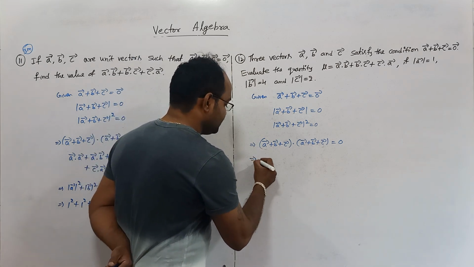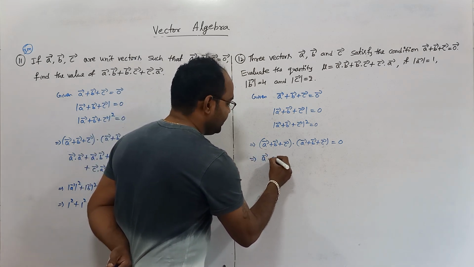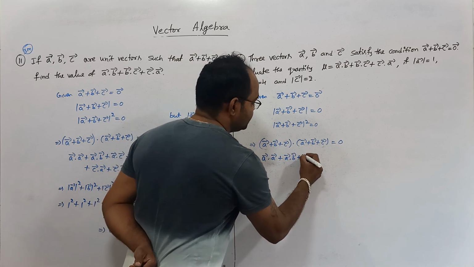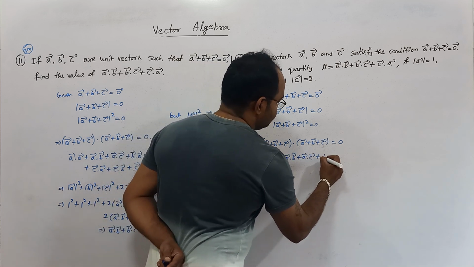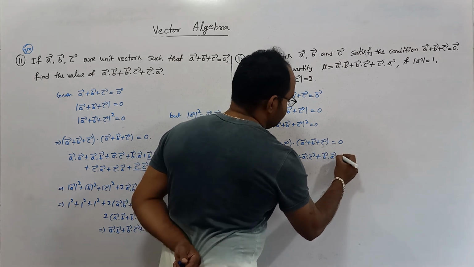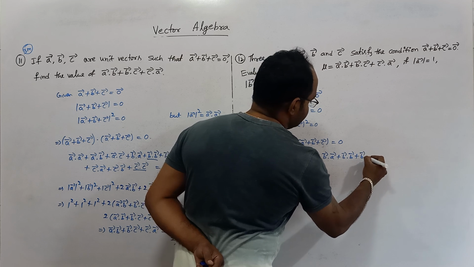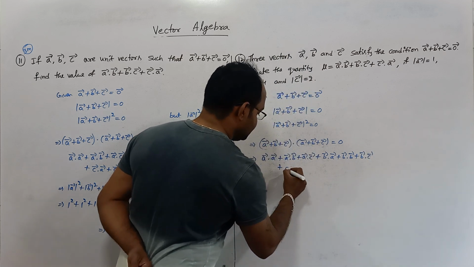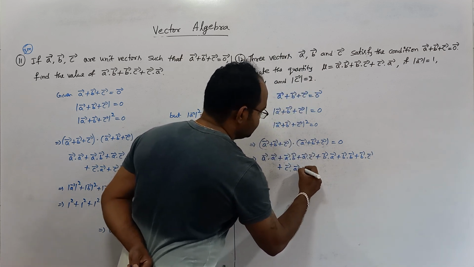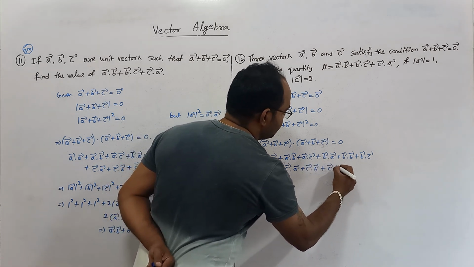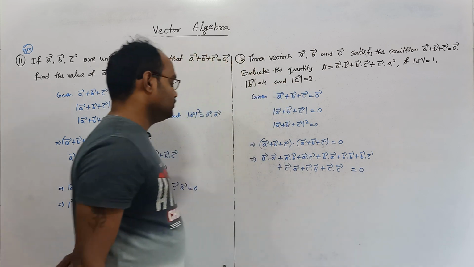So this implies A dot A plus A dot B plus A dot C plus B dot A plus B dot B plus B dot C plus C dot A plus C dot B plus C dot C. All these value will be equal to 0.